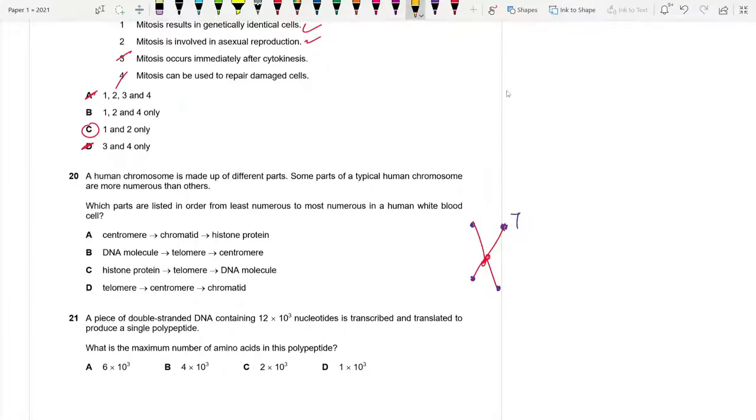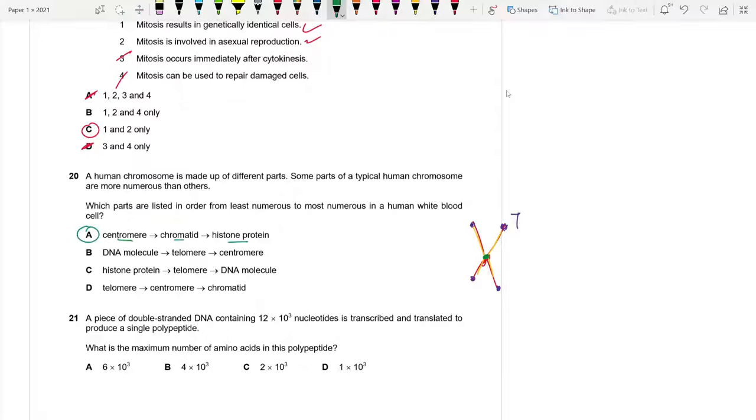We have 2 chromatids, and there are plenty of histone proteins, like lots, uncountable. And where's the centromere located? We have a single centromere at the middle. So 1 centromere, 2 chromatids, a lot of histone proteins.